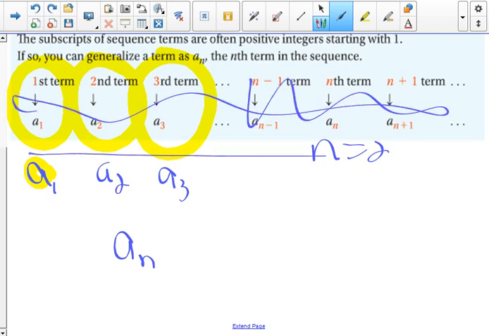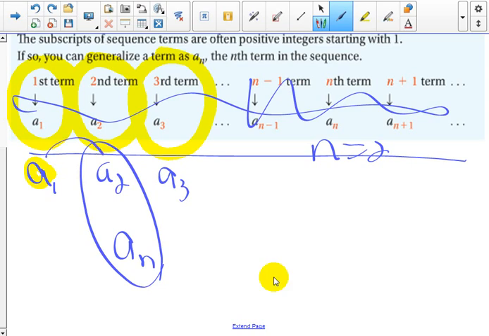Just look here. So if n is equal to 2, that means I'm here, right? If now with my n variable I want to express the term before it, I'm going to do a sub n minus 1. So if n is still equal to 2, it's going to be 2 minus 1, or our first element.